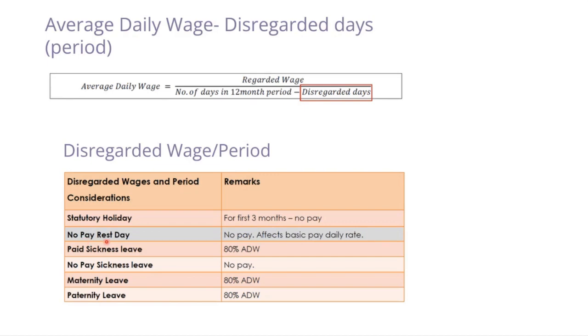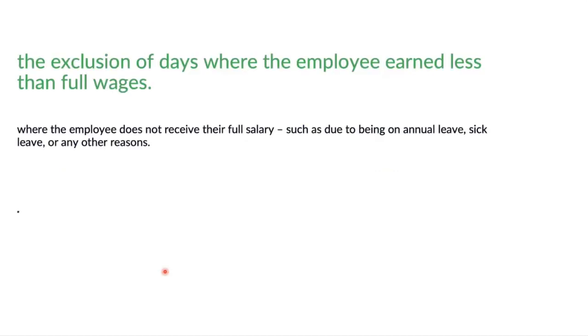Then the number of no-pay rest days, which will affect the basic daily rate as well. Then paid sickness leave, which is 80% of the ADW. No pay sickness leave. Maternity leave, which is 80% ADW, and paternity leave as well. So these are the disregarded days taken into consideration in the formula which I just shared earlier.